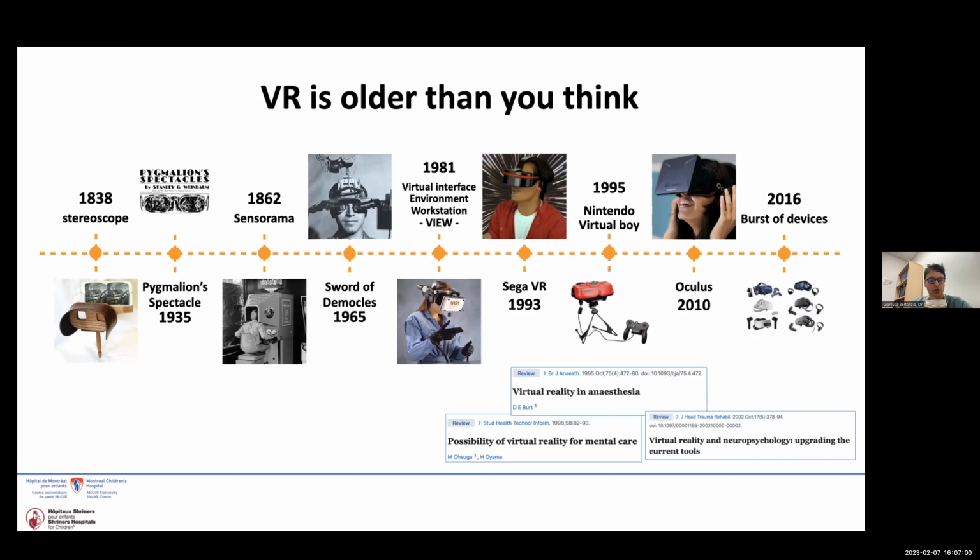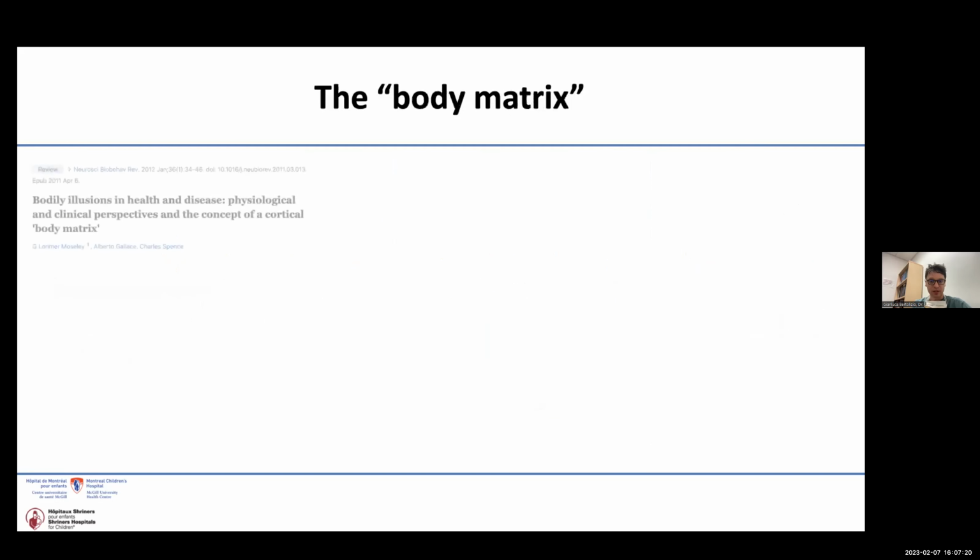Then the technology improved, virtual reality became more accessible, and the shift was really in 2010, when they put Oculus VR on the market, and now it's spread around in many environments.